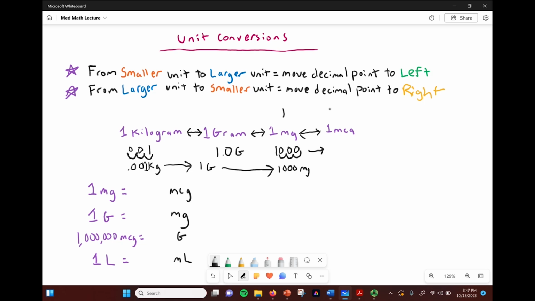And then I'll put my 1 here, and again, I'll do that 1, 2, 3, 1,000 micrograms, mcg, and that's 1 milligram. So I moved that decimal point over 3 places. Again, 1 milligram is 1,000 micrograms.